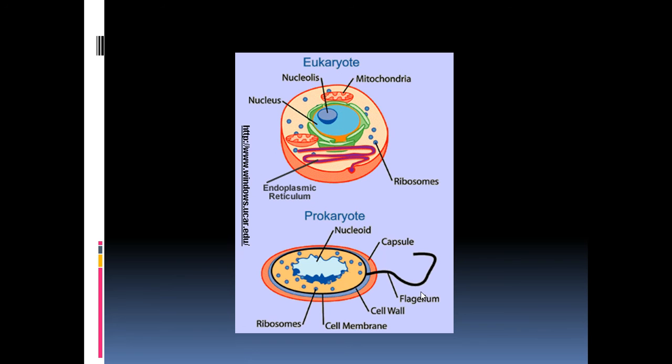And when you talk about cells, besides classifying them into animal and plant cells, we can also classify them into two fundamentally different types. The first one is known as the prokaryote. These are cells that are simpler in form, and the most common feature of a prokaryote is that they don't have any nucleus and most membrane-bound organelles.